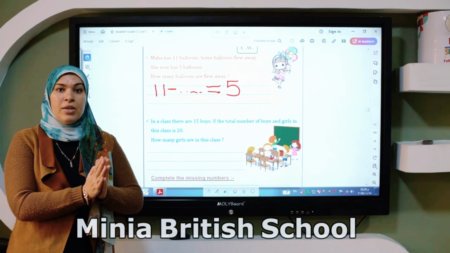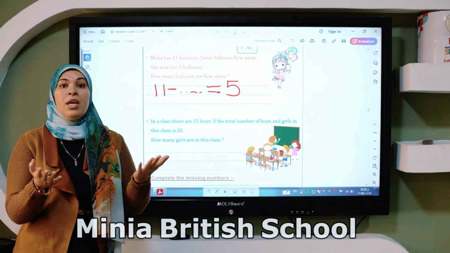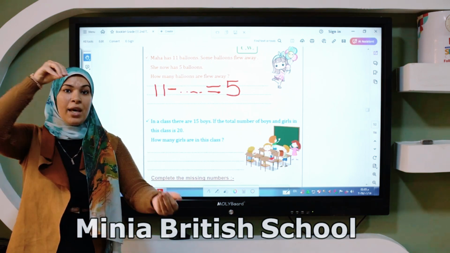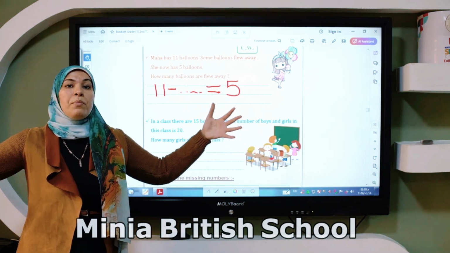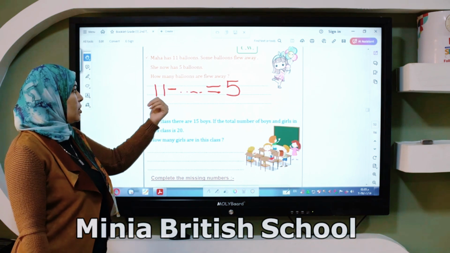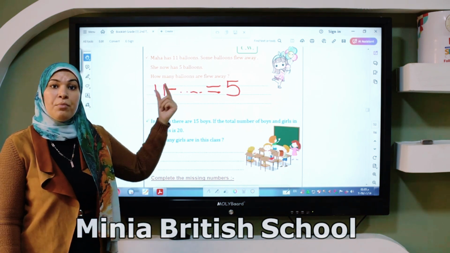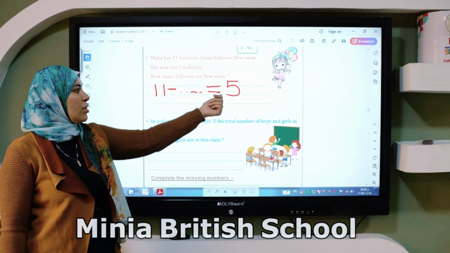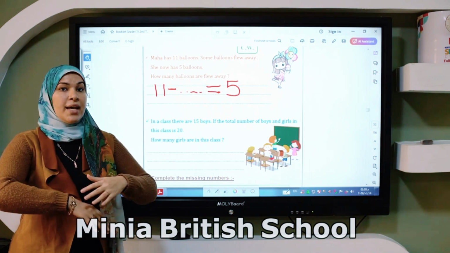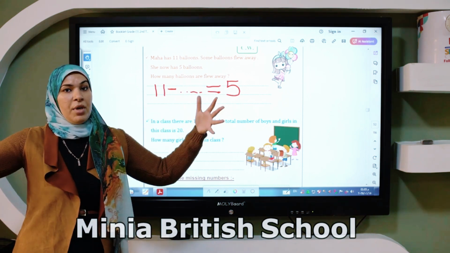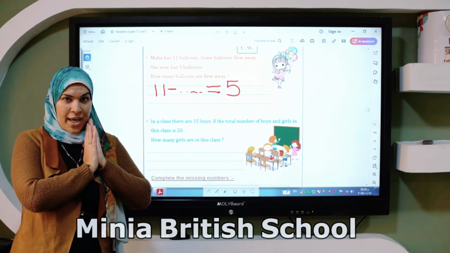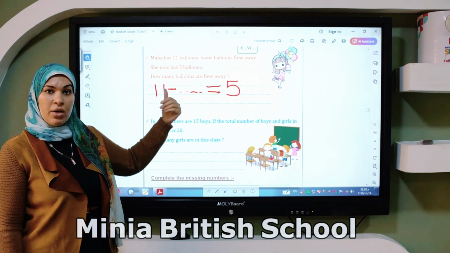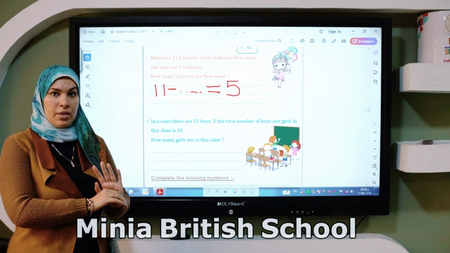In subtraction we take away, so you should start with the bigger number. But if we start with the smaller number and the answer will be the bigger number, the sign will be plus.